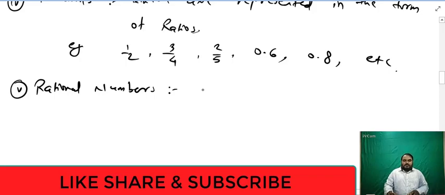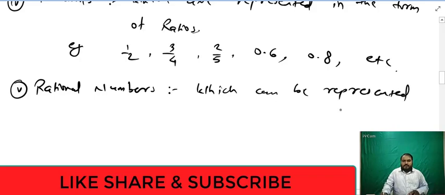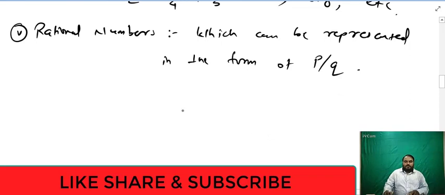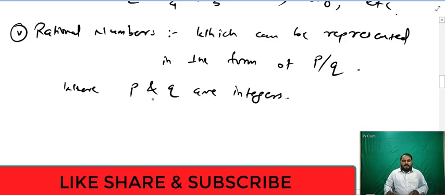Rational numbers are the numbers which can be represented in the form of p by q, where p and q are integers. q should not be equal to 0.